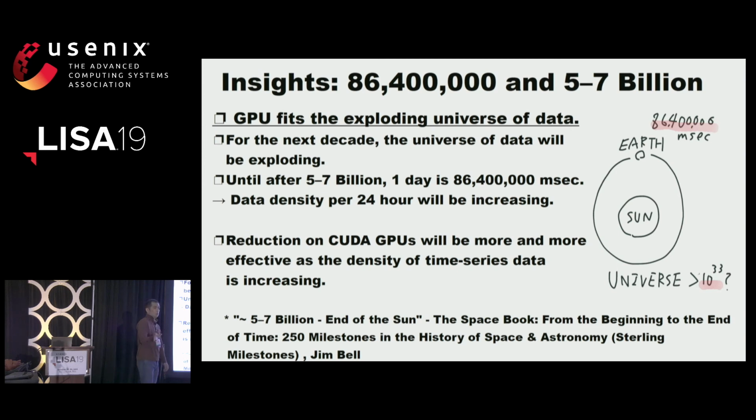But the sure thing is that 24 hours is always 86,400 seconds. This means data density per 24 hours will be increasing as long as we live on Earth.